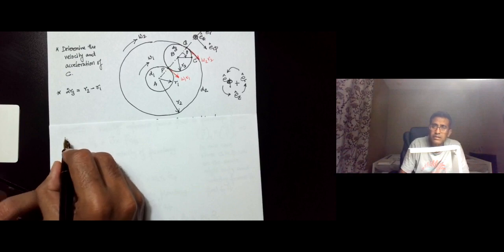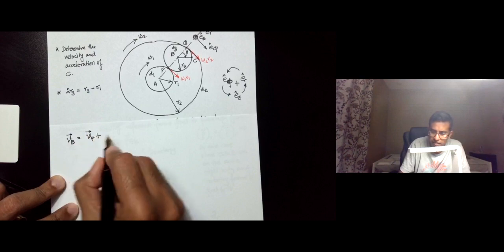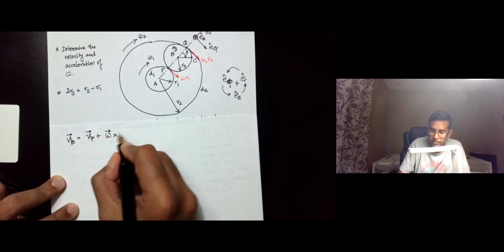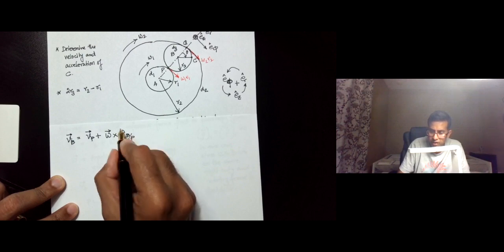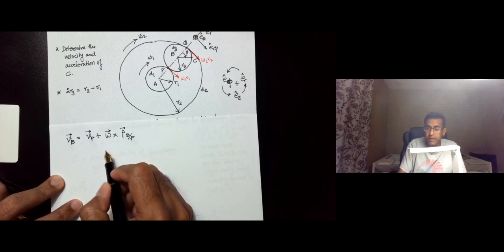Note that because B and P are on the same rigid body, we can write that Vb is equal to Vp plus omega cross rho B with respect to P. Again, since B and P can be considered on the same rigid body, we have to consider omega to be the net angular velocity of the planetary gear.